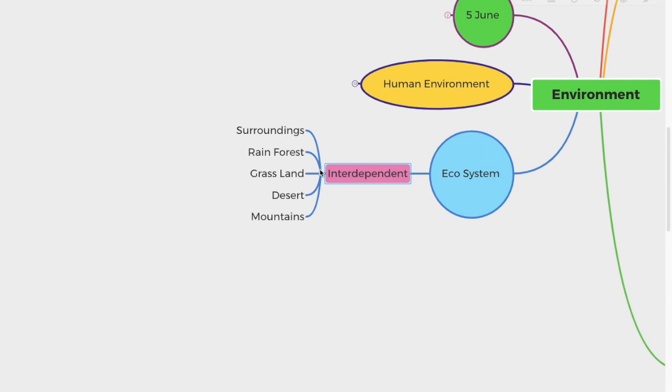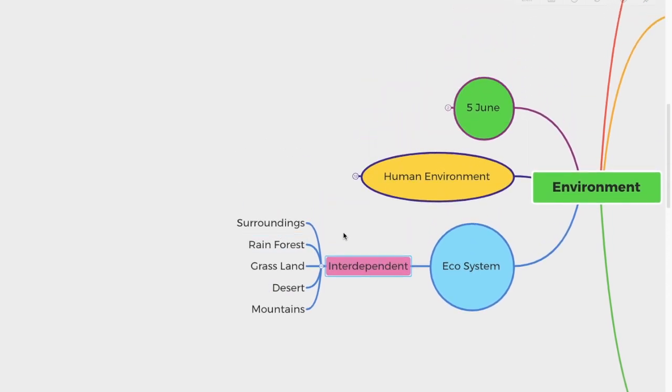What does that mean? There could be an ecosystem of rainforest, there could be an ecosystem of grassland, there could be ecosystem of desert, mountains, etc. There will be certain kinds of animals who will be found only in these particular areas, and they form part of that ecosystem.